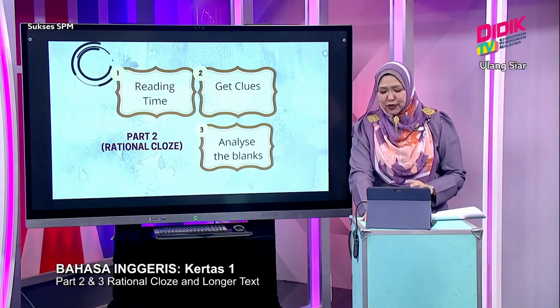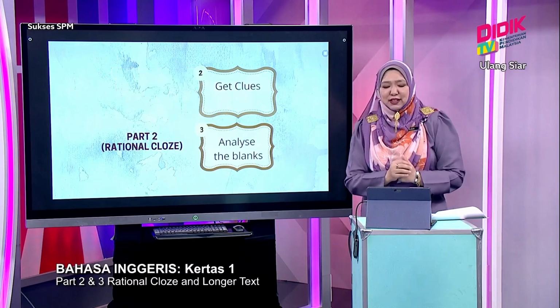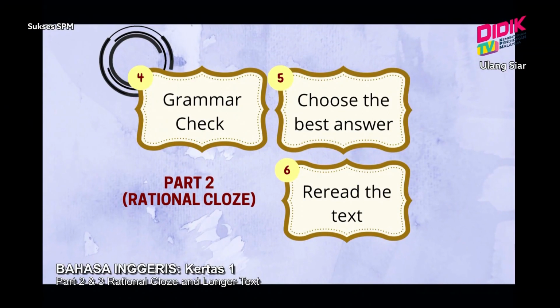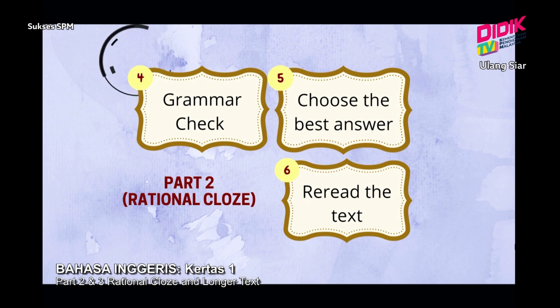Apart from that, step number 4, you have to do a grammar check. For this one, you have to look at the grammar, look at the tenses. Usually for one text, the tenses that are used are the same throughout.